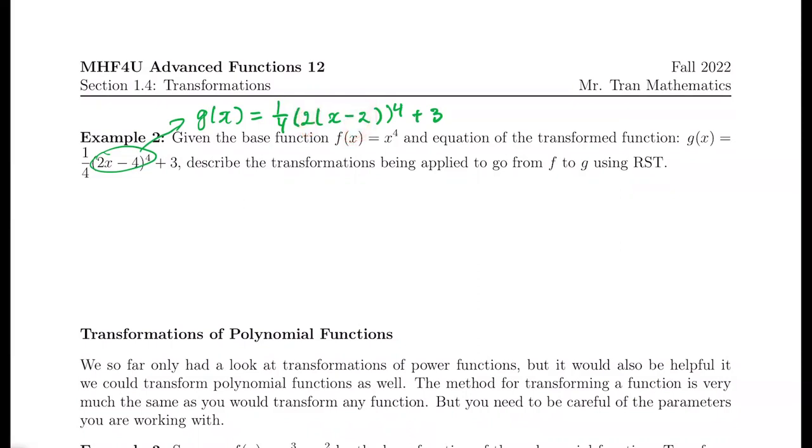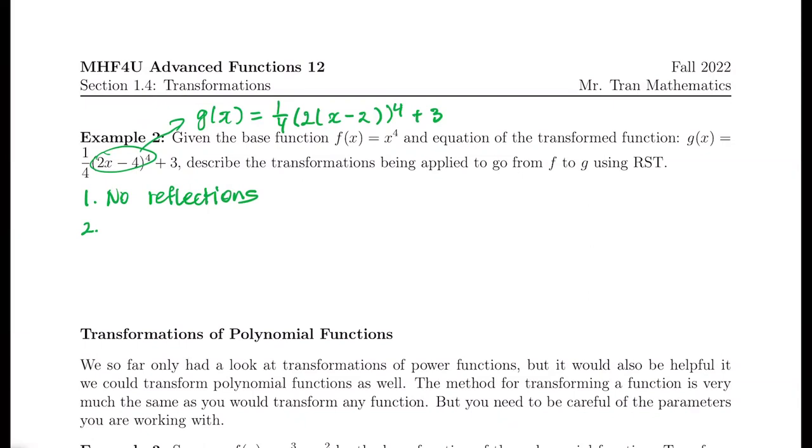Okay, so let's describe the transformations using RST. So first of all, any reflections? I don't see any reflections because a is greater than 0 and k is greater than 0. So no reflections. So that's 1. Now the second thing here is to describe any stretches and compressions.